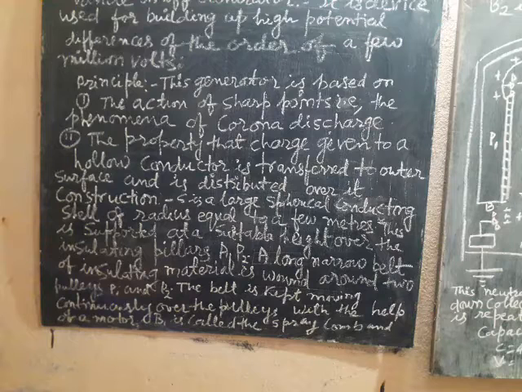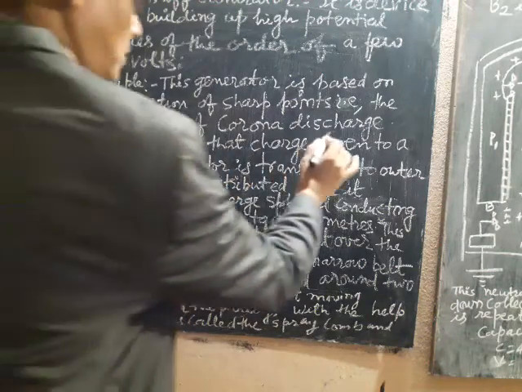Okay, try to understand all the things which are given here. This generator is based on, first, the action of sharp points, that is the phenomenon of corona discharge. Here the first thing is the phenomenon of corona discharge.